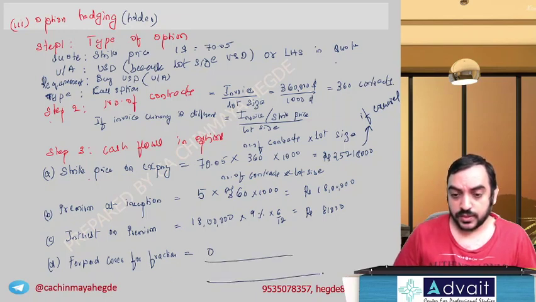So what is the total of all these three amounts? 2,52,18,000 plus 18 lakh plus 81,000. 2,70,99,000.